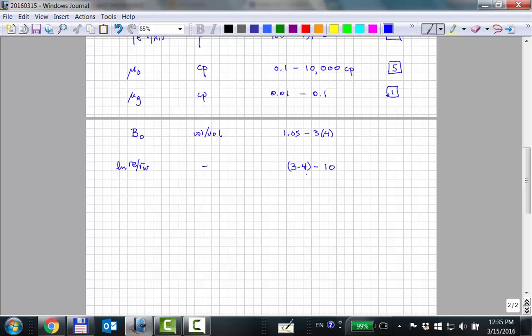And then if we go down to 100 meters, let's see, make sure that 100 meters divided by 0.1 meter, and then log of that. That's 7. This probably should be more like 5.